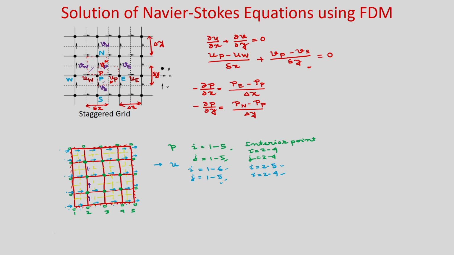So, these are interior points, and the exterior point in the vertical surface actually falls on the boundary itself.